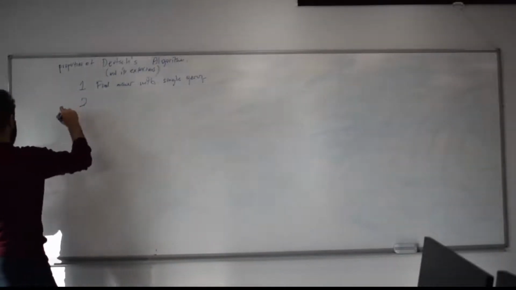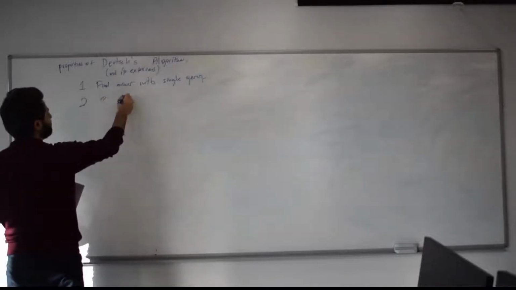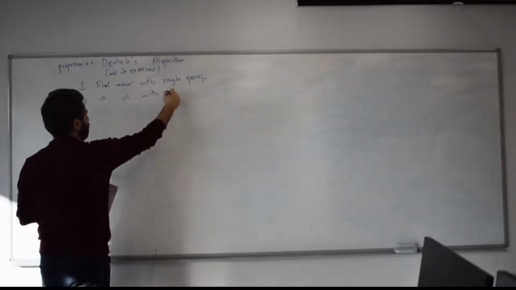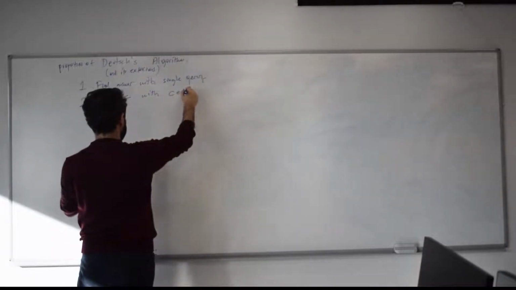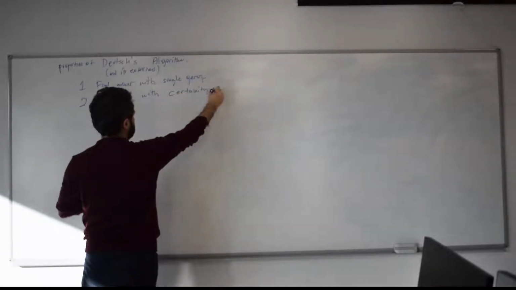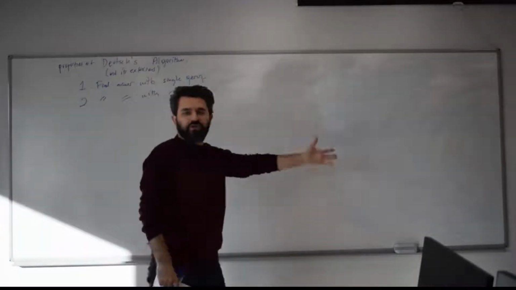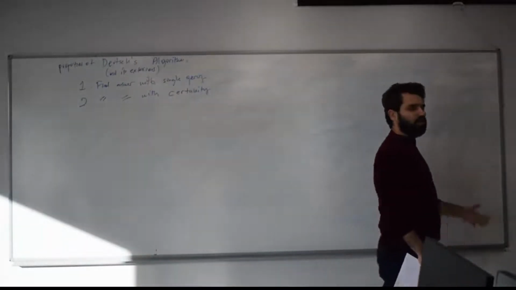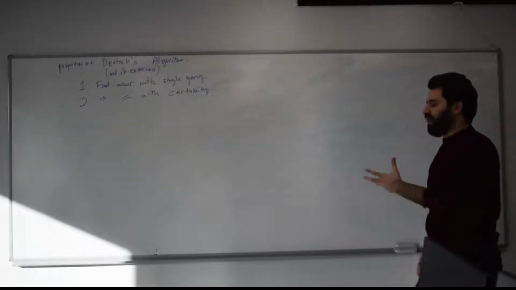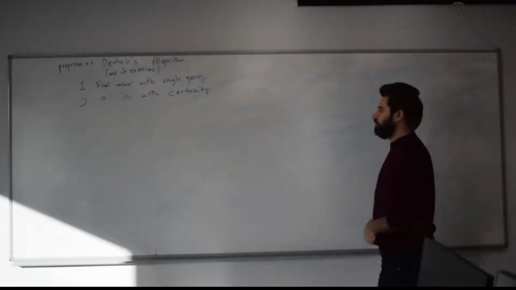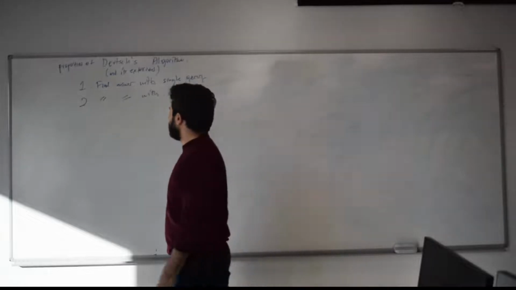Okay, so the final answer is found with a single query. The second property was that the final answer is found with certainty, right? There are no probabilistic arguments, unless there's noise, of course: noise associated with gates, noise associated with the function that we implemented to turn it into the quantum realm.